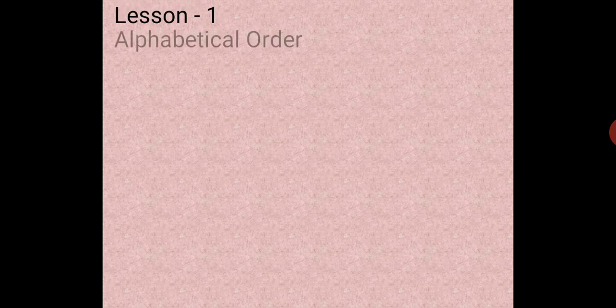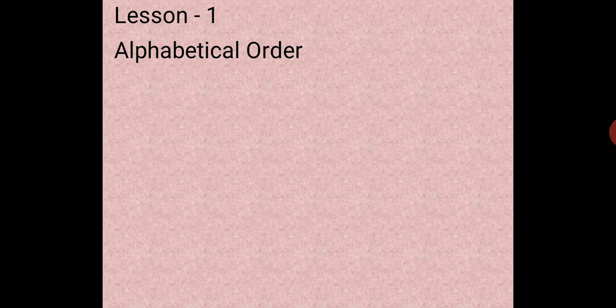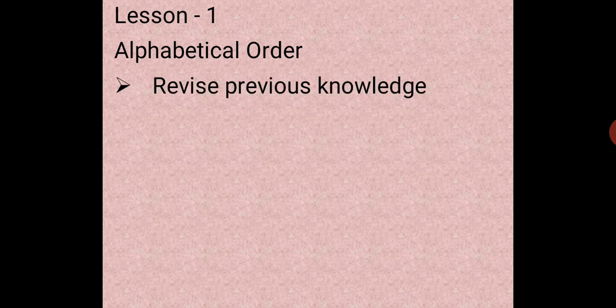In our first lecture, we learnt two different rules of the alphabetical order. Let's see what we will learn in this lecture. We will revise the previous knowledge, which means I will explain briefly both the rules which we had learnt in our first lecture.